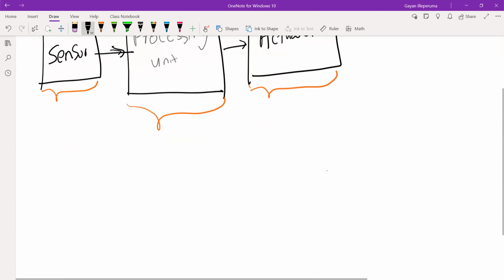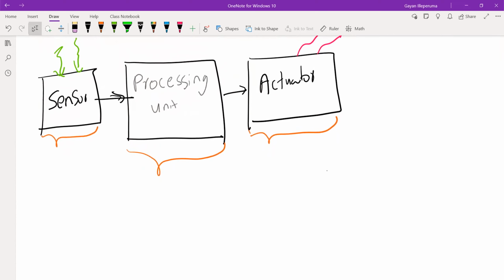Now, a sensor's purpose is to detect input. It can be from the environment. For example, you can have a temperature sensor in your car engine. When it is overheated, you will get a light blinking, saying the engine is overheated.